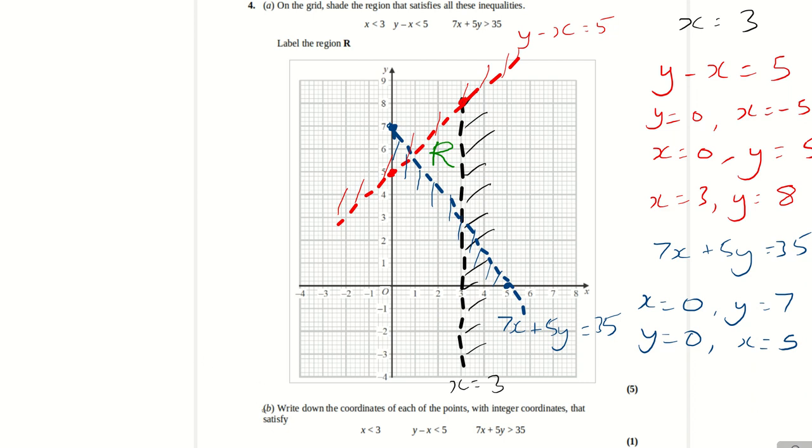Okay, and the next part, part B, write down the coordinates of each of the points with integer coordinates, so whole number coordinates, that satisfy x is less than 3.